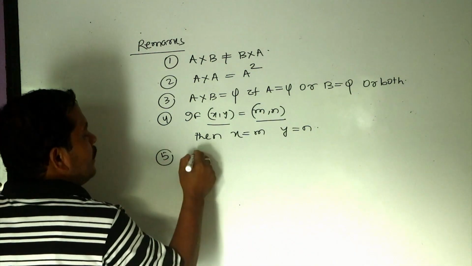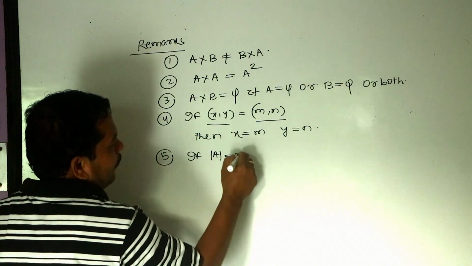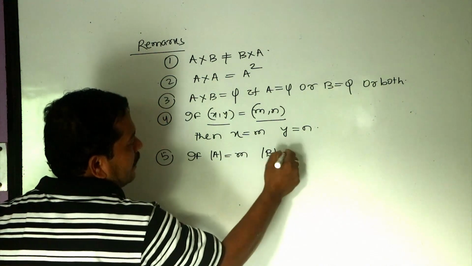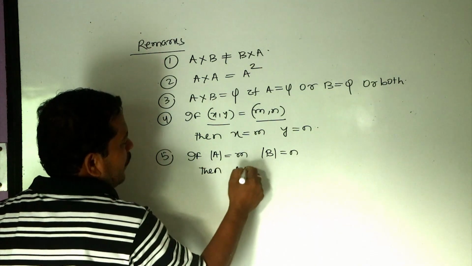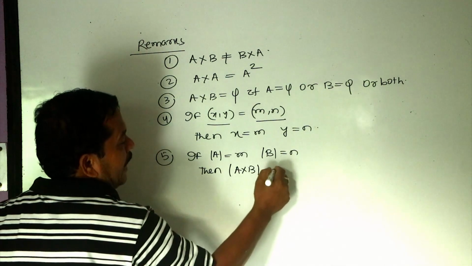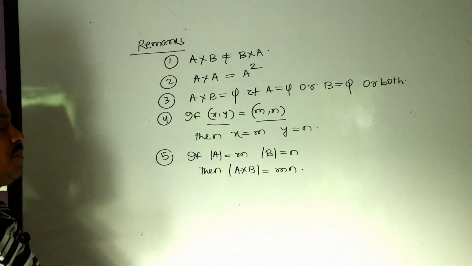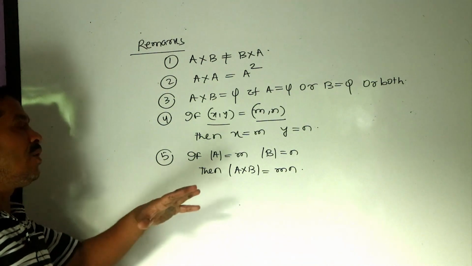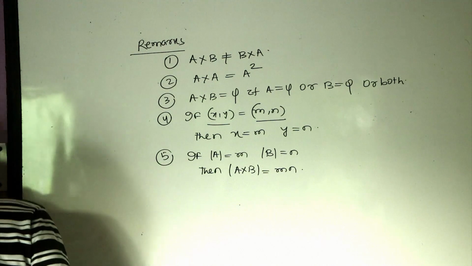Number 5: if the cardinality of A is m and the cardinality of B is n, then the cardinality of A cross B equals mn. That is, the cardinality of A cross B is the same as the cardinality of A times the cardinality of B. Those are the basic properties of the cross product.